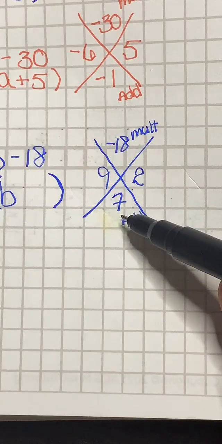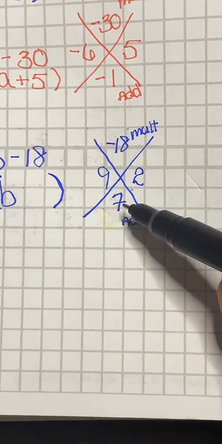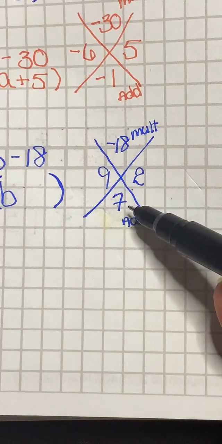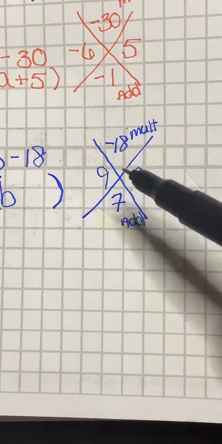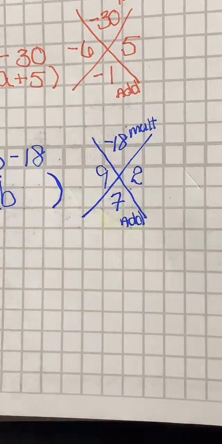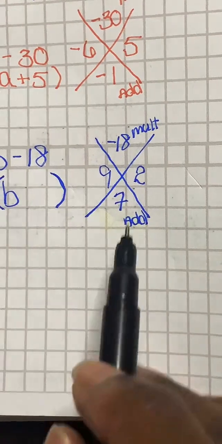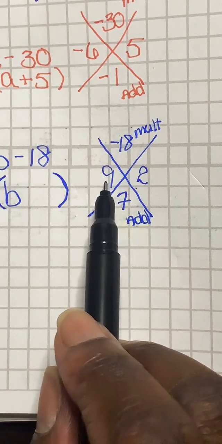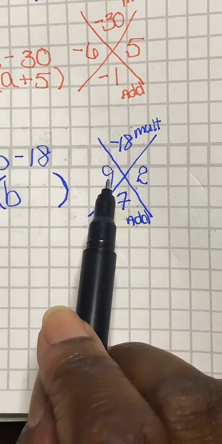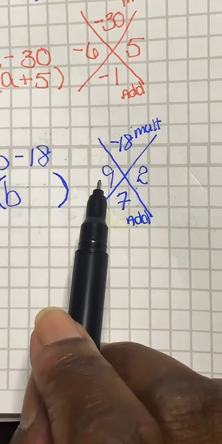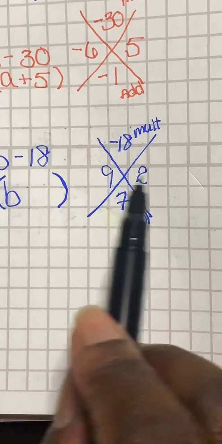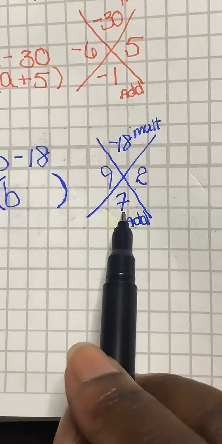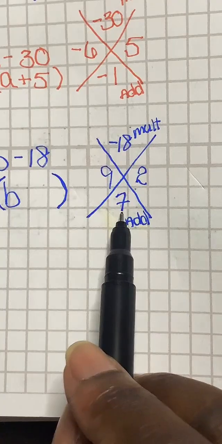Good. Okay, not the 9, because negative 9 plus 2 gives me a negative 7. Because when you have opposite signs, you're basically subtracting. Think of it this way: if you owe me $9 and you paid me 2, that means you owe me $7. It doesn't mean that you paid me $7.